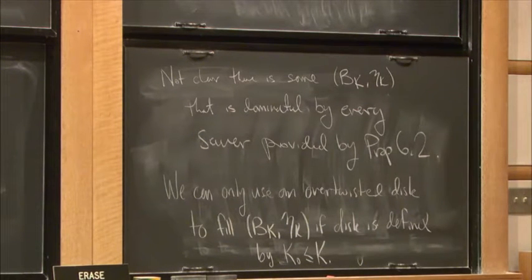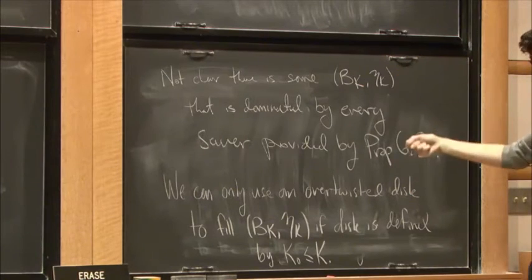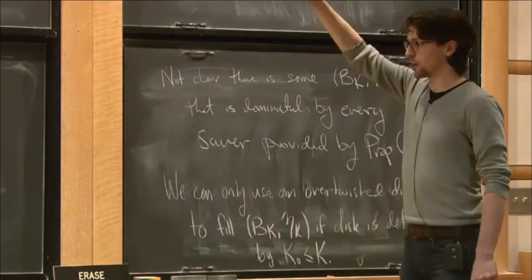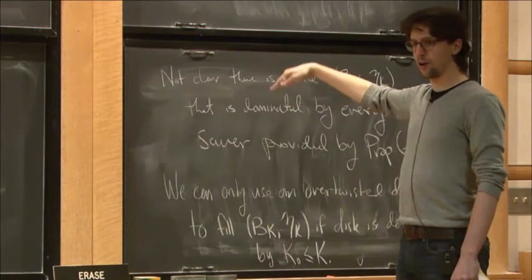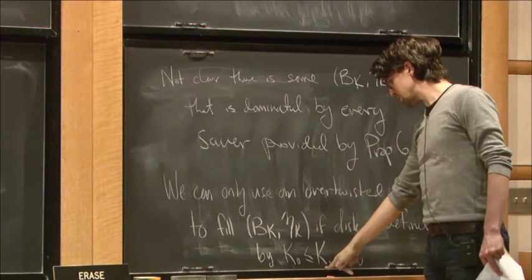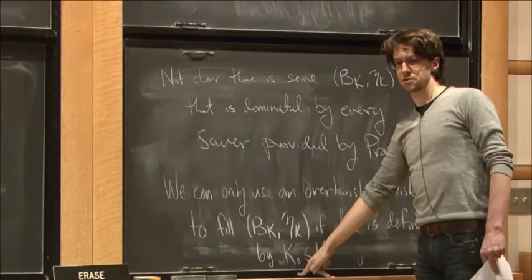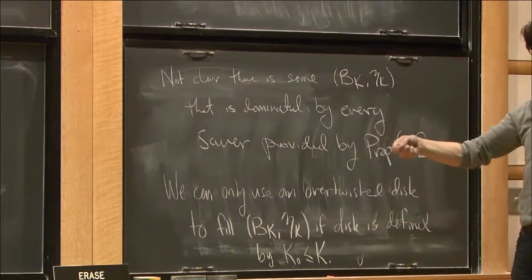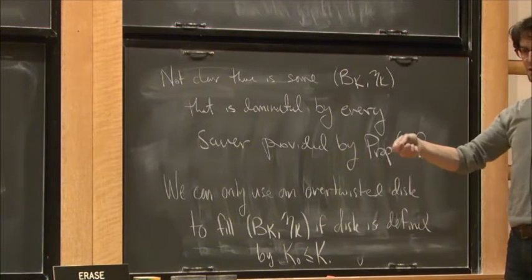So from the get-go, we want to put in our overtwisted disk defined by some k0, and then run this whole argument so that the holes we needed to create are defined by k's bigger than k sub 0. We can't put the overtwisted disk in after the fact. We need to put it in at the very beginning.